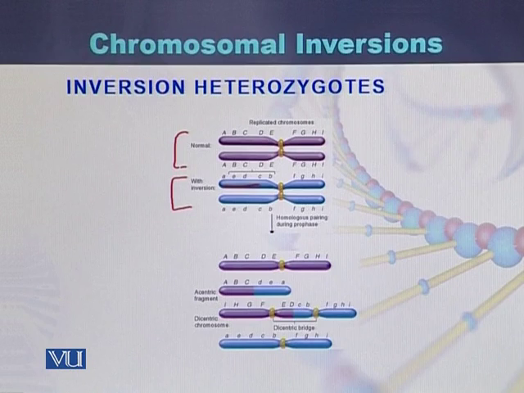In the second diagram, we can see in this case the centromere is involved. This is the centromere. In this fragment, the centromere has been removed, has been deleted. So this is an acentric fragment, while on the other hand, there is a dicentric chromosome that consists of two different centromeres, centromere 1 and centromere 2.